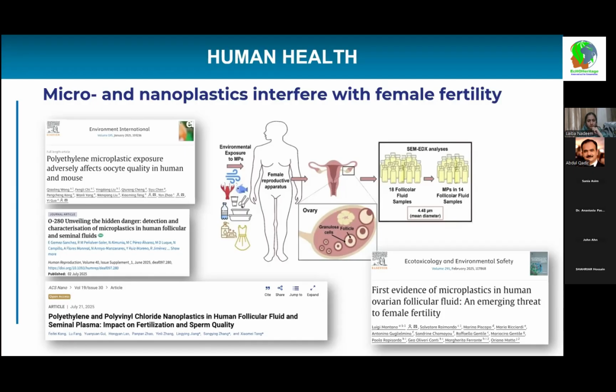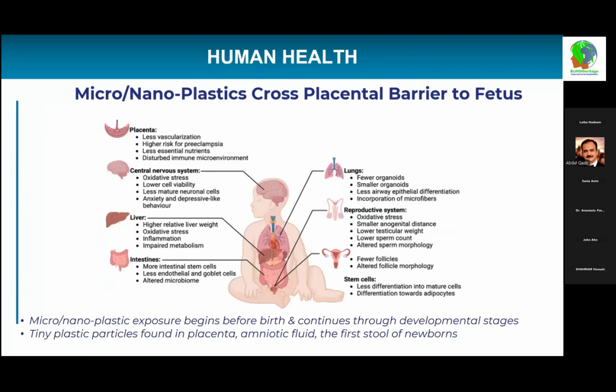Perhaps the most concerning is that exposure to these particles begins before birth. Micro and nanoplastics were found in placentas, amniotic fluid, and in the first stool of newborns. It really shows that fetal development can occur in an already contaminated environment. This exposure can have significant consequences.